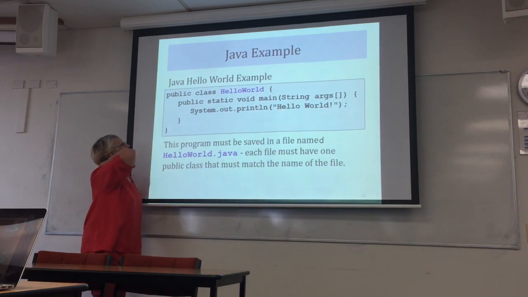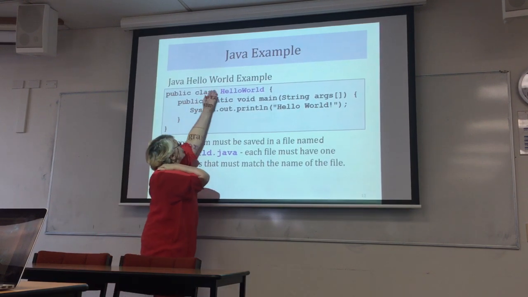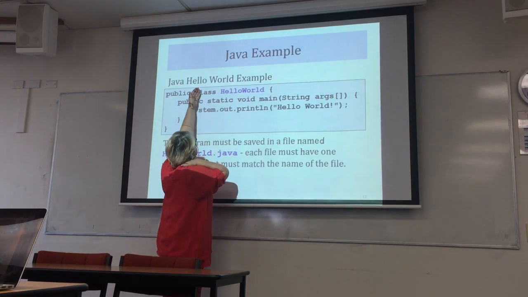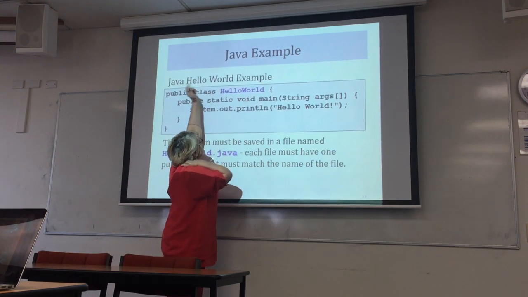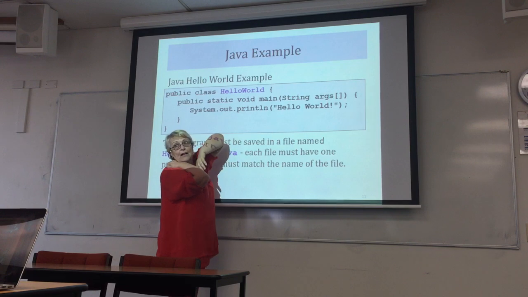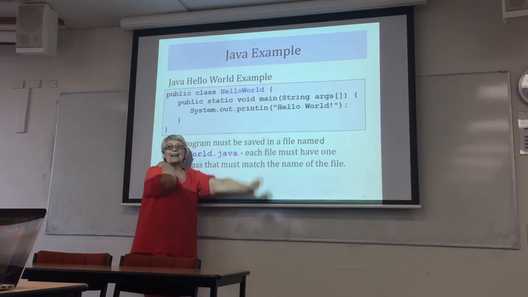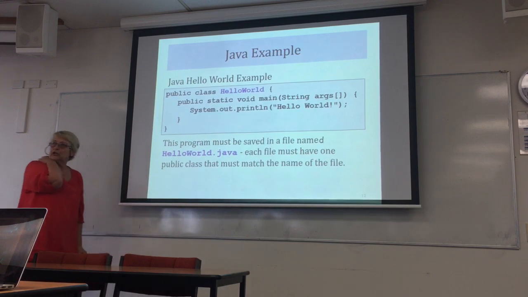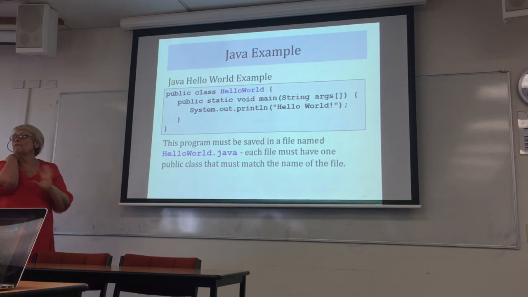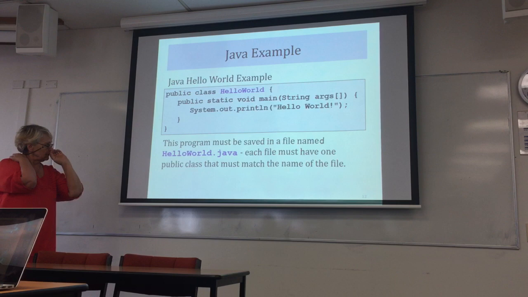Now, as you can see, this is the class we are declaring, with the class keyword. This is the name we get for the file. Be aware, in Java it's a convention that classes start with capital letters. It's a style.